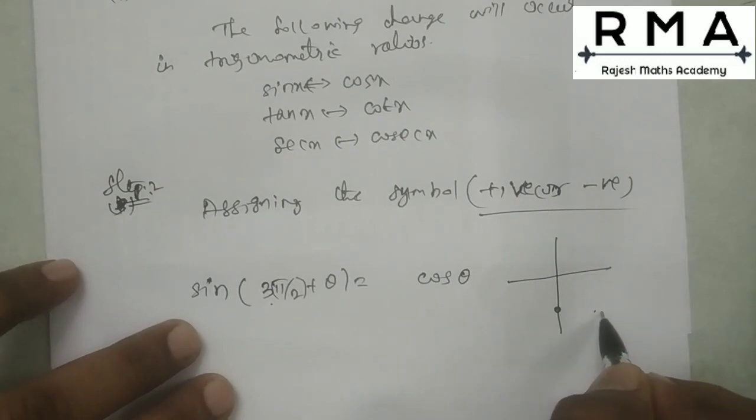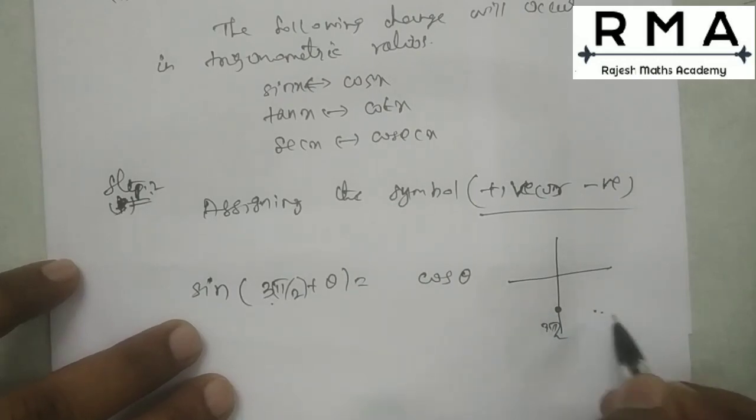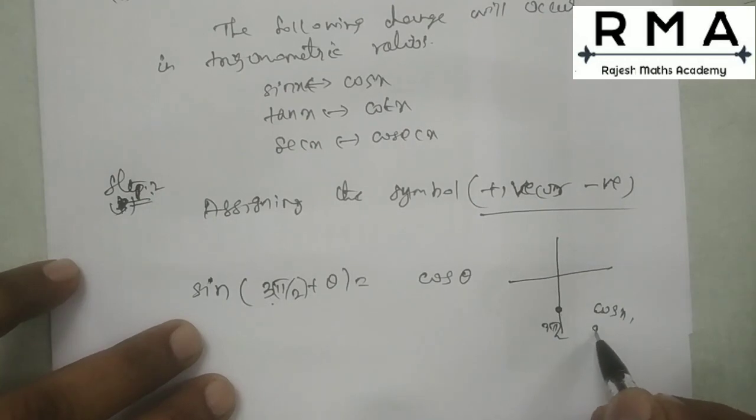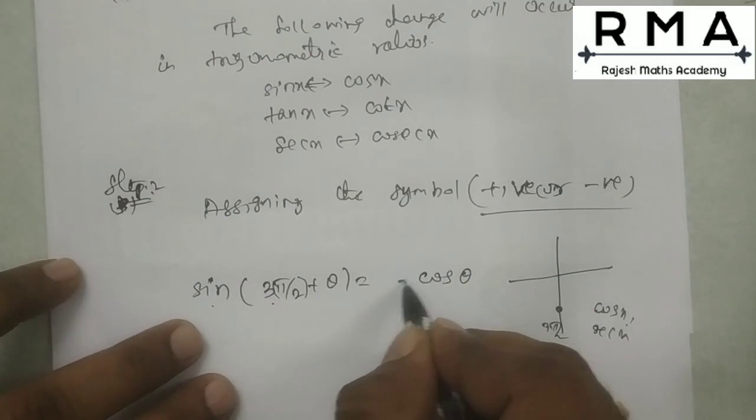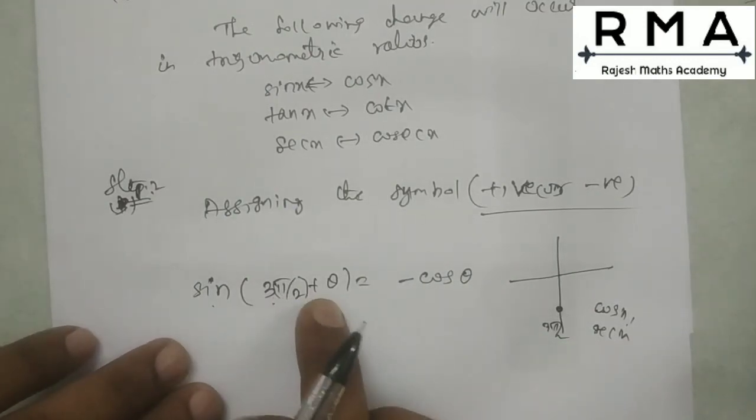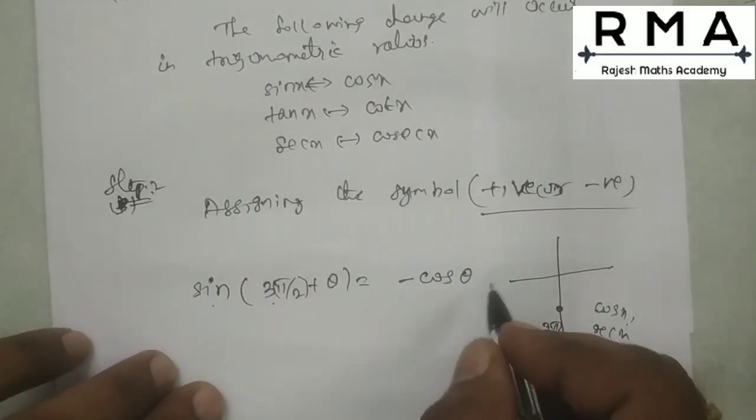In the fourth quadrant, only cos x and secant x are positive. Our question is sin x, so it is negative. So sin of 3 pi by 2 plus theta equals minus cos theta.